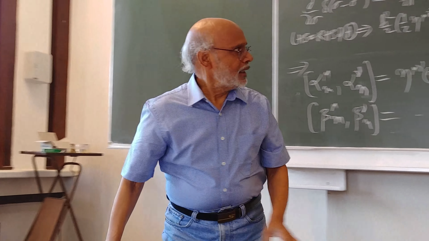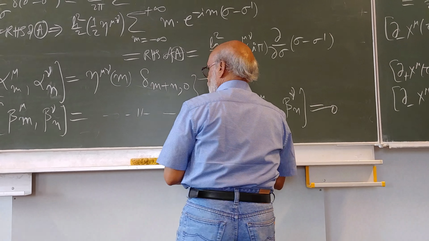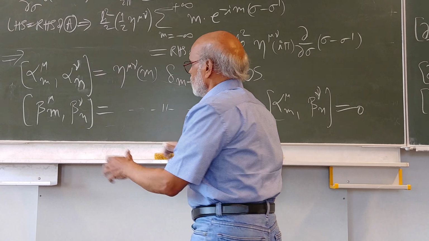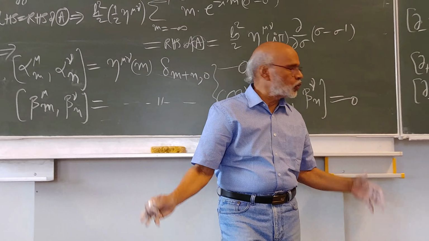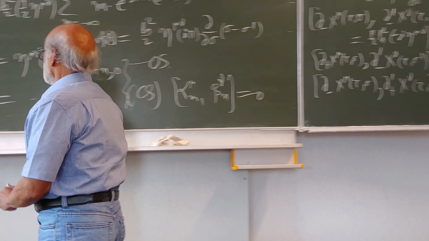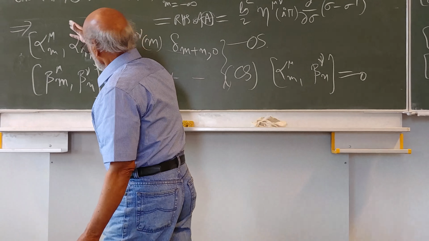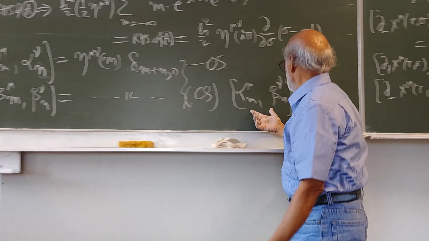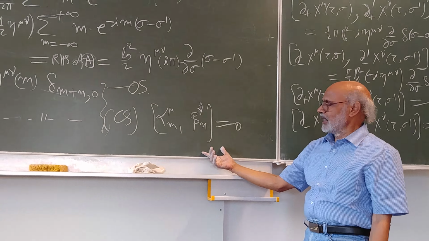Okay. In addition to all this, these are the covariant quantization results for the open string theory, this, and for the closed string, this and this, along with this and this, alpha and beta.